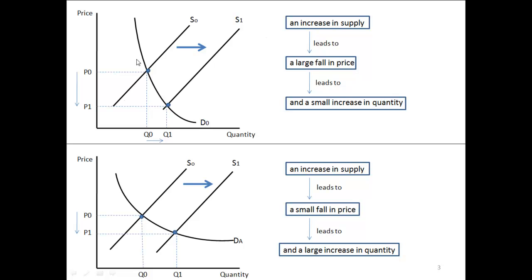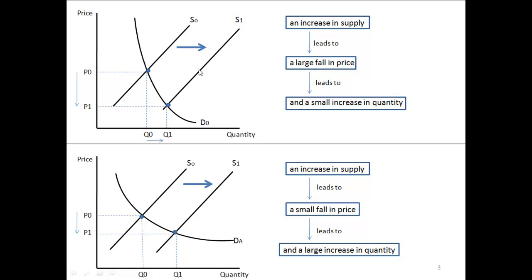In the top half of the screen, we are looking at a rather steep demand curve. As you will find out shortly, a steep demand curve implies that demand is relatively inelastic. What does that mean? To understand this concept, let's say that the supply curve shifts to the right.